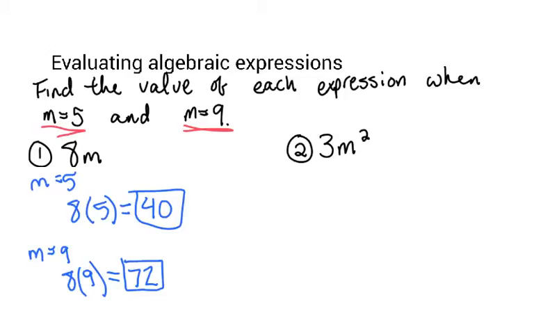Okay, now I'm going to do the same thing with my second expression. When m equals 5, I'm going to plug 5 in parentheses where the m was. Now I'm going to use order of operations, and exponents come before multiplication. So 5 squared is 25.